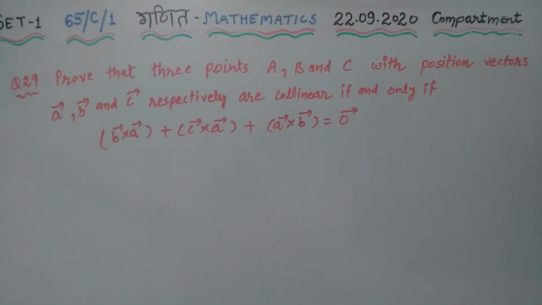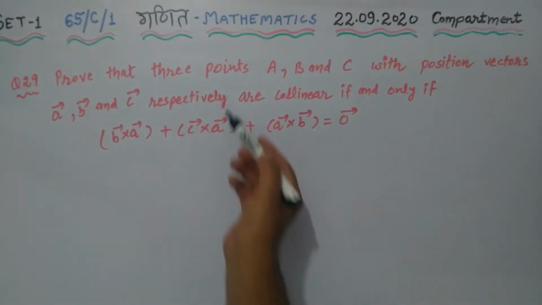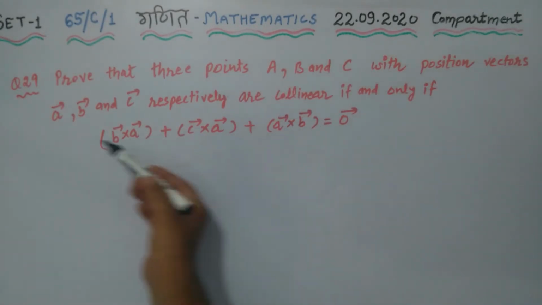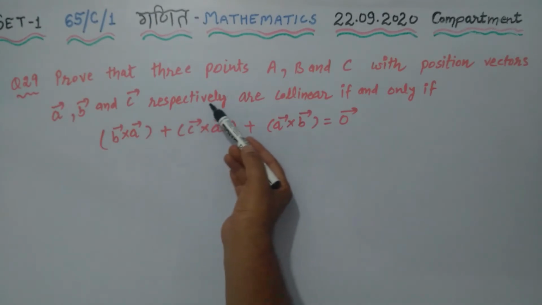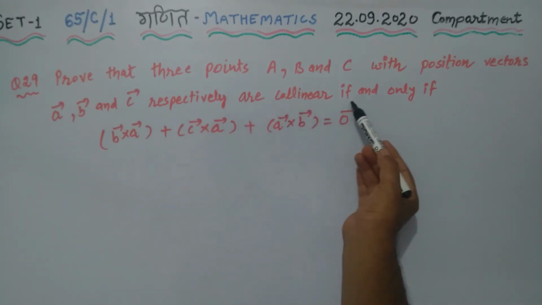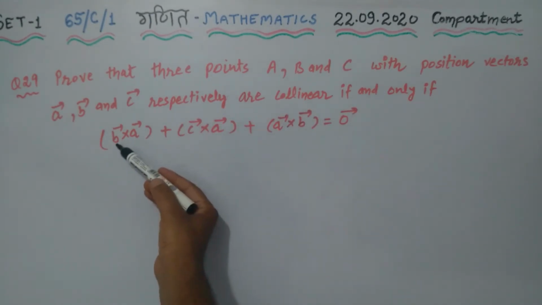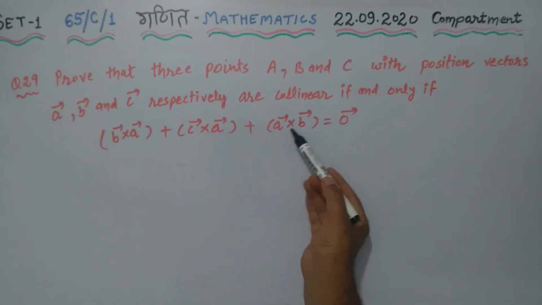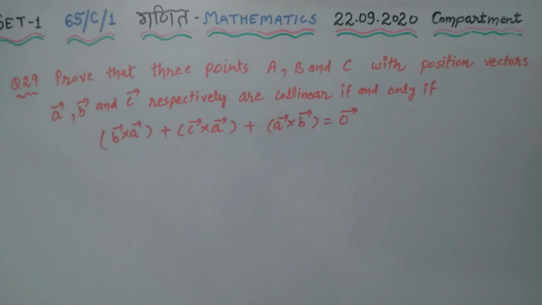Question number 29. Prove that 3 points A, B and C with position vectors a, b and c respectively are collinear if and only if vector b cross a plus c cross a plus a cross b is a zero vector.